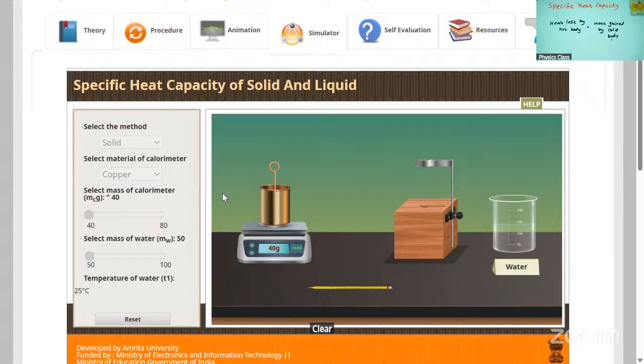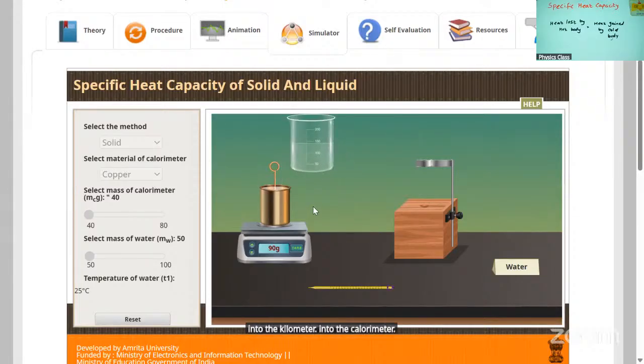Now pour an adequate amount of water into the calorimeter. Now you can note down the increased weight, the weight of the calorimeter with the water: 90 gram.